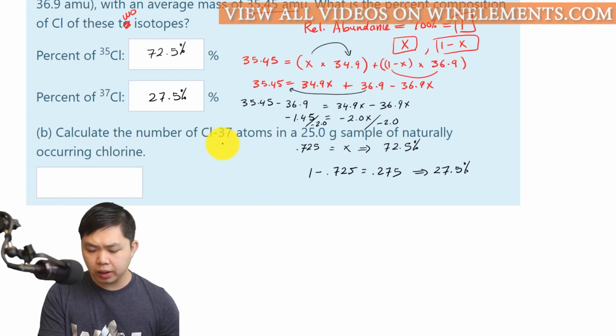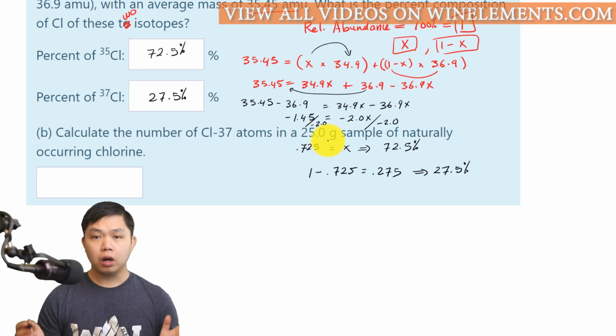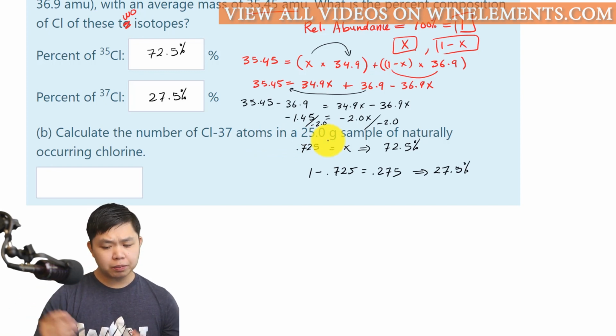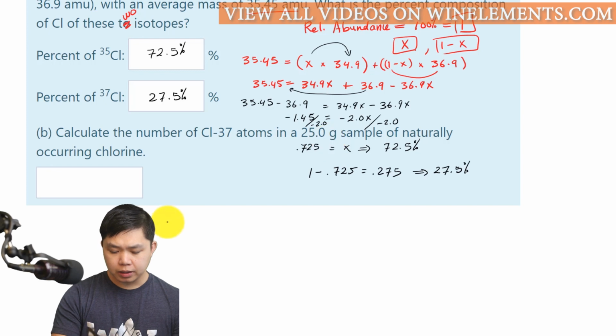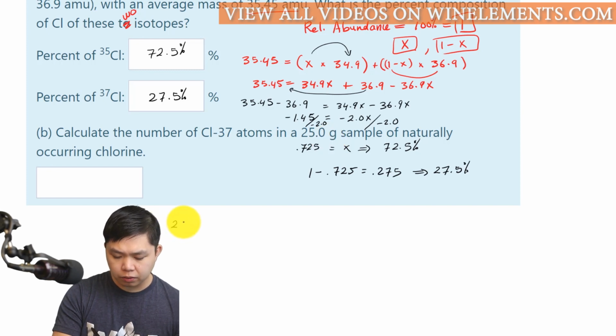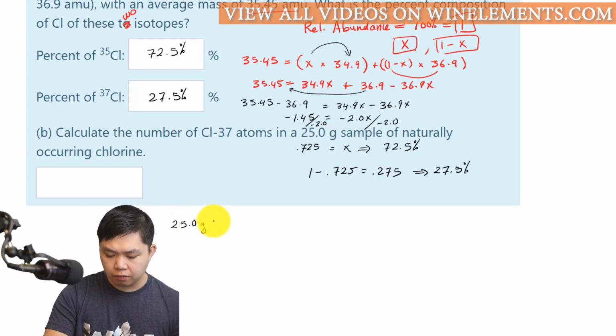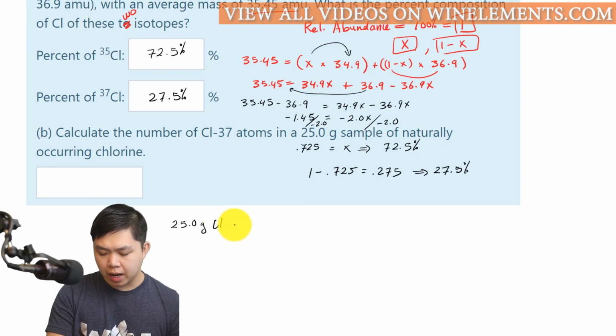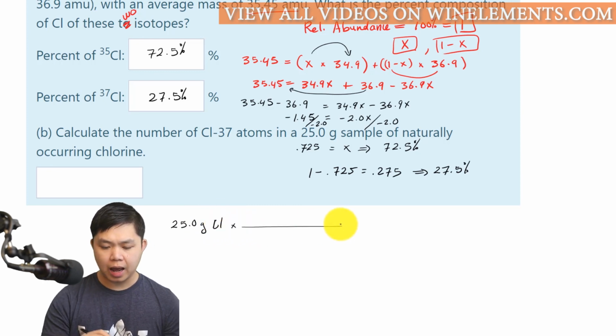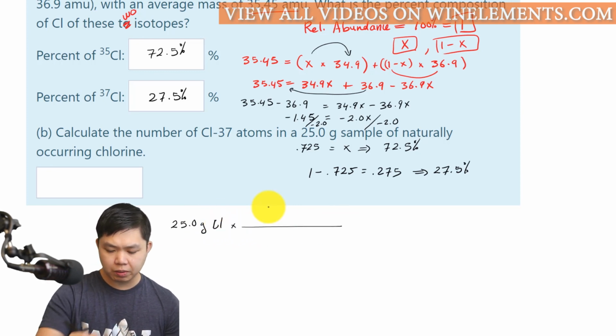Calculate the number of chlorine 37 atoms in a 25-gram sample of naturally occurring chlorine. It's very similar to the part we just solved before, right? So let's go back to the idea of 25 grams of chlorine atoms, and we are going to multiply that by the average atomic mass, which is given to us right there.